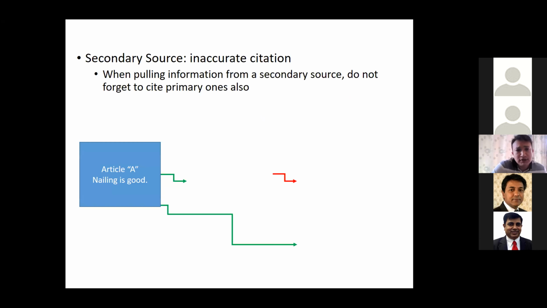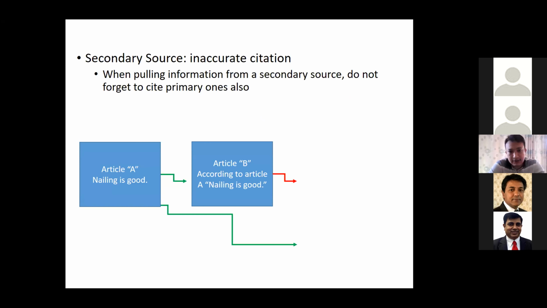And one important mistake that we often make is that we do not cite accurately the secondary source of information. When pulling the information from the secondary source, we must also cite the primary source. For example, if there is article A which says nailing is good, and in article B, when they cite article A, they say that according to article A, nailing is good.